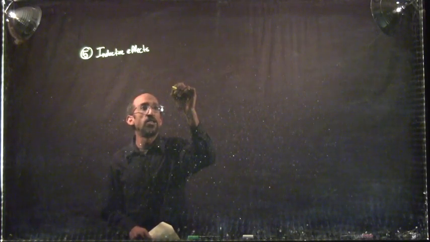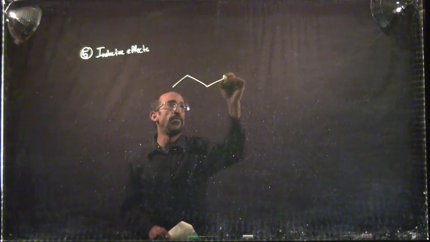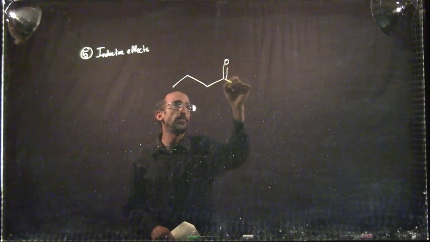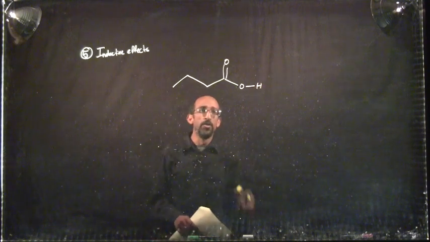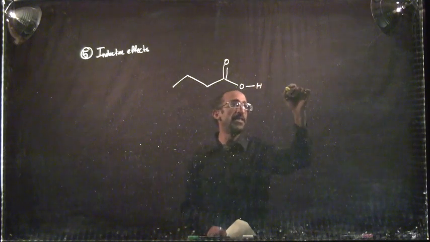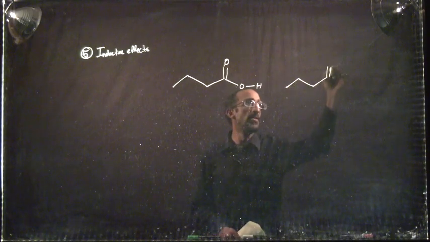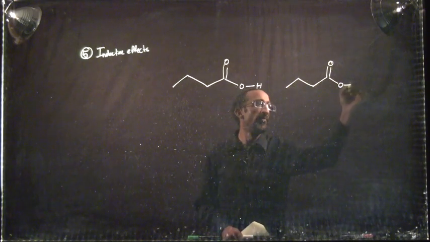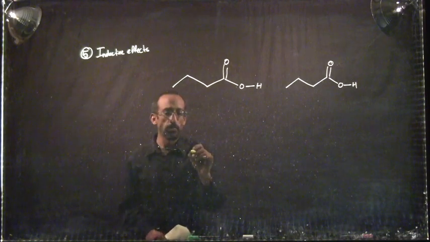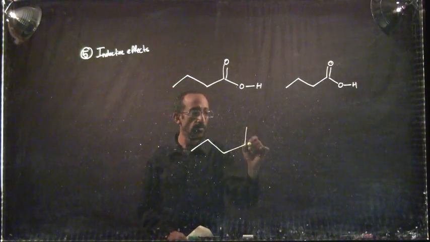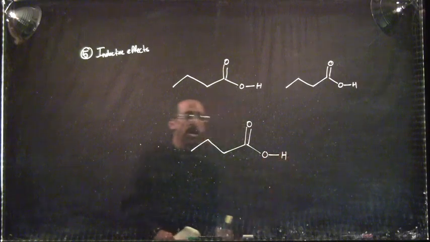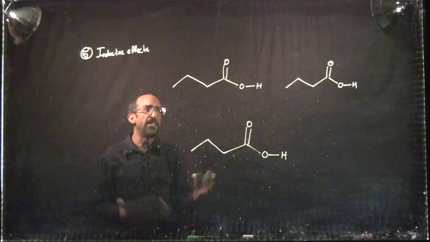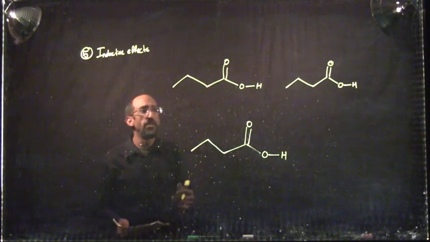So butyric acid, here's 1, 2, 3, 4 carbons, right? And I'm now going to draw 3 different derivatives of this. And I'm going to put the chlorine at a different carbon atom in each of these 3 derivatives.